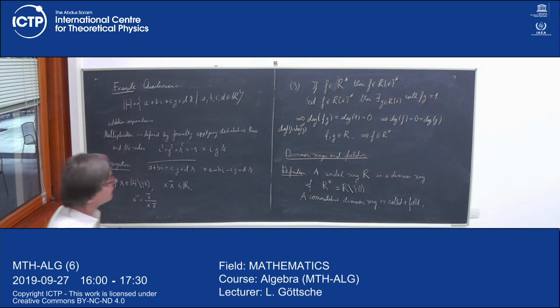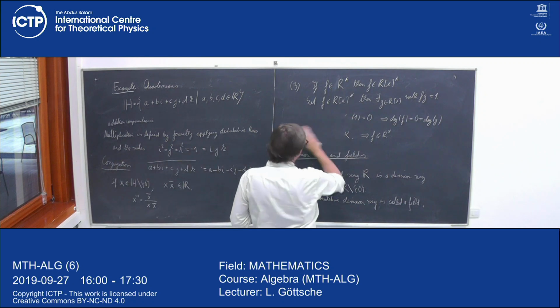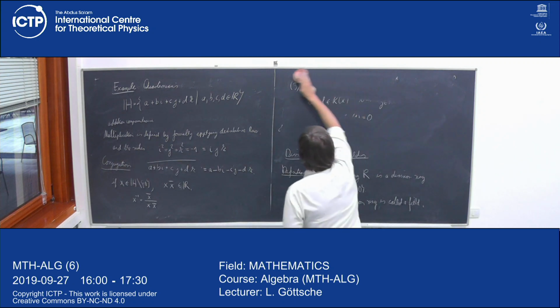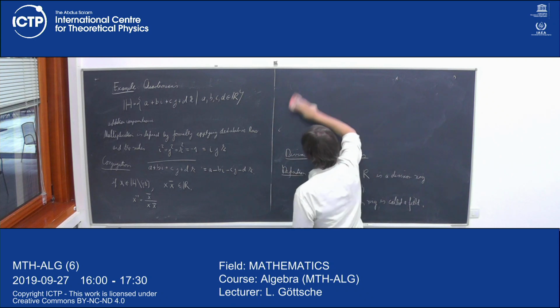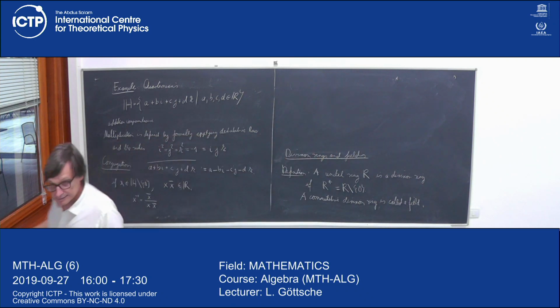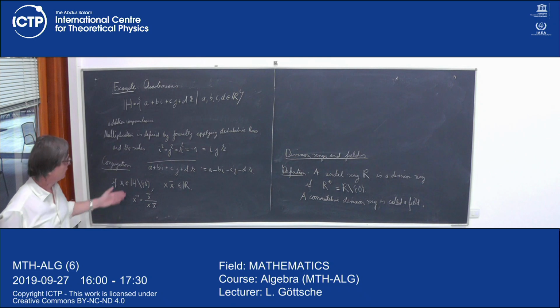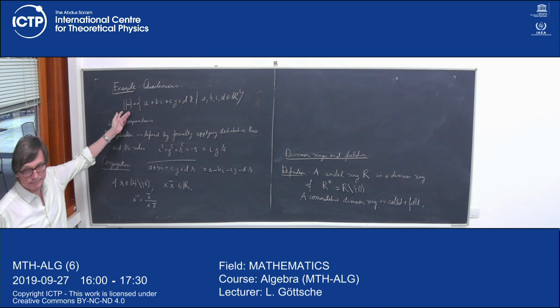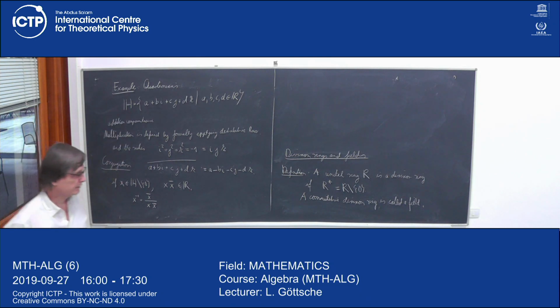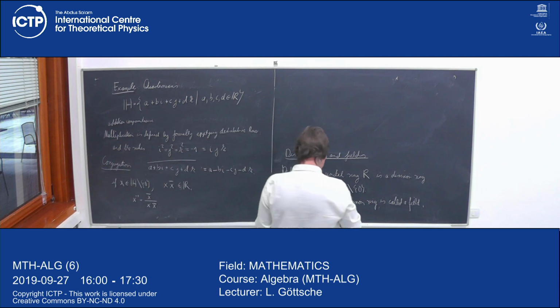And so just to come back briefly to the groups, we can look at a nice subgroup of H with respect to multiplication, which is a nice example of a non-commutative group.